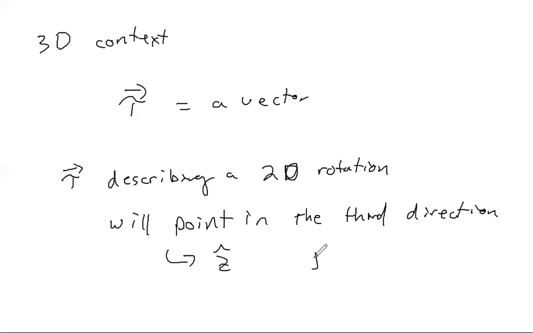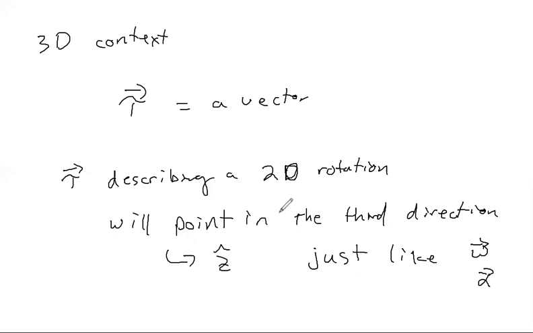This is just like what we had for omega vector and alpha vector. If you don't remember that, you can go back and look at the videos where we describe how to give these rotational quantities a vector interpretation, and the vector that you get for a rotation in the plane actually points in the third direction, in the z direction.